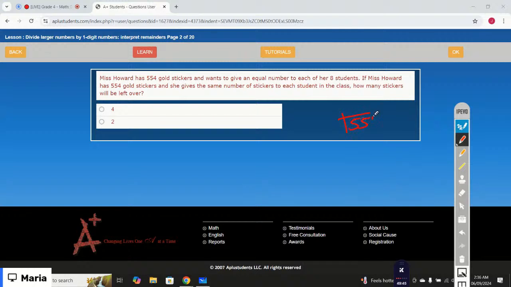Let's just divide 554 divided by 8. 8 times 6 is 48. 8 times 7 is 56. We can go for 8 times 6. 48 it is, right? And then 15 minus 7 and you have 4. So you can go for 8 times 9 is 72. The correct option is 2, not 4, right?